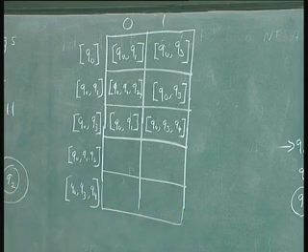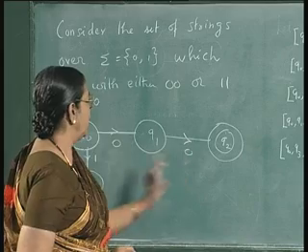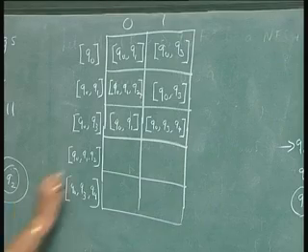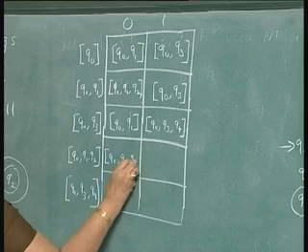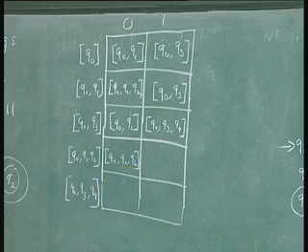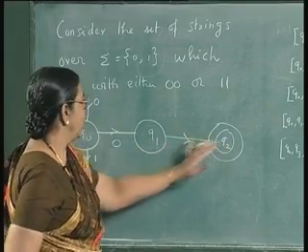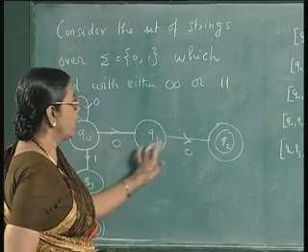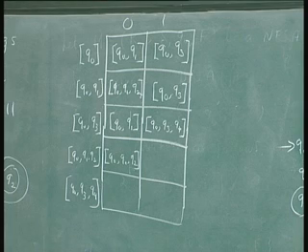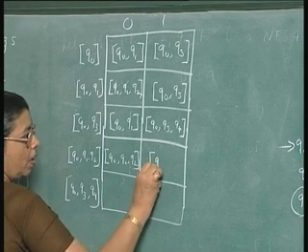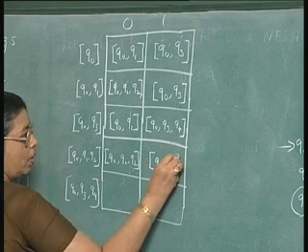Now, from Q0, Q1 or Q2 if you get a 0, you again go to Q0, Q1 or Q2. This is from the diagram you get. From Q0, Q1 or Q2 if you get a 1, you get to Q0 or Q3 only.